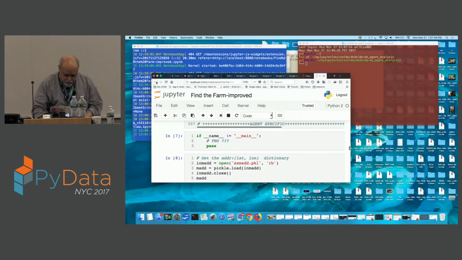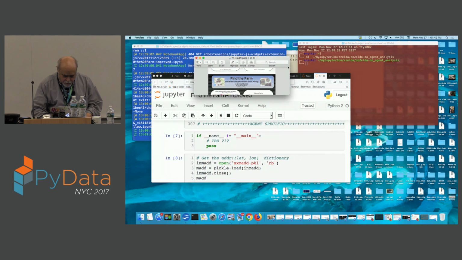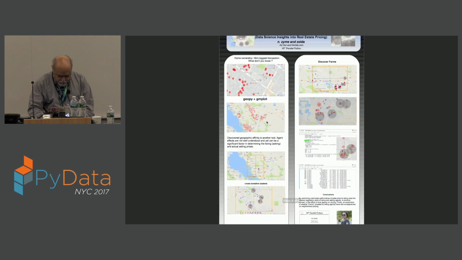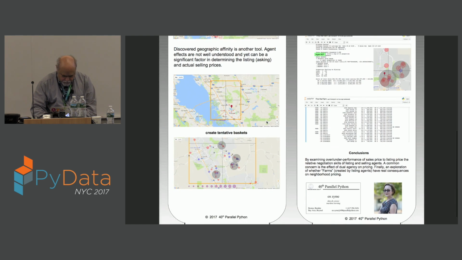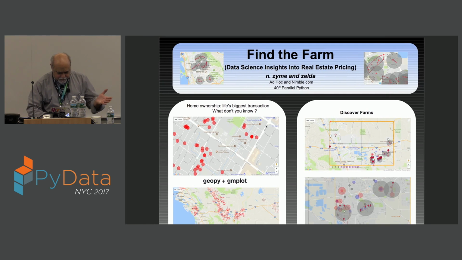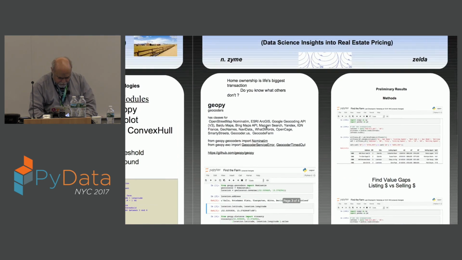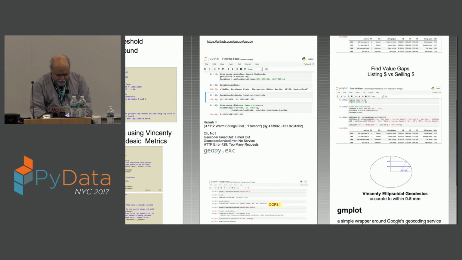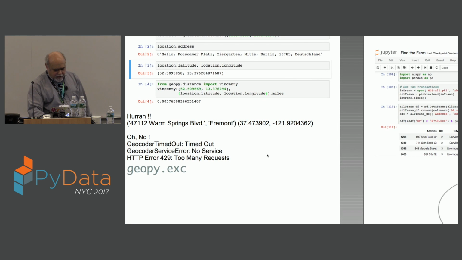For instance, what kind of messages would I get? There we go. Oh, things like this. I would get timed out, too many requests, no service, all those things that you don't want to have happen during a live demo, right?